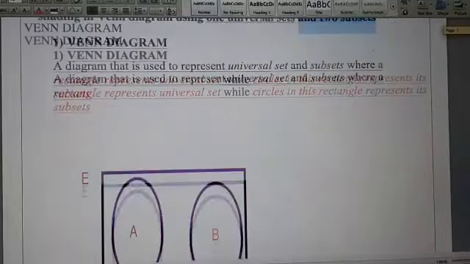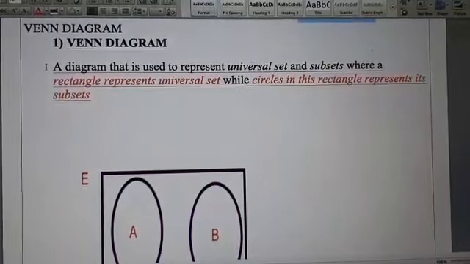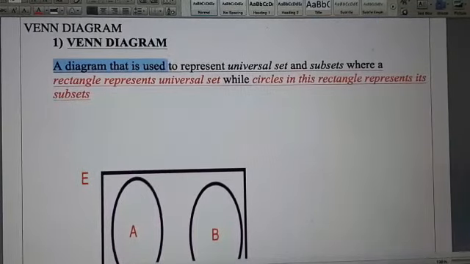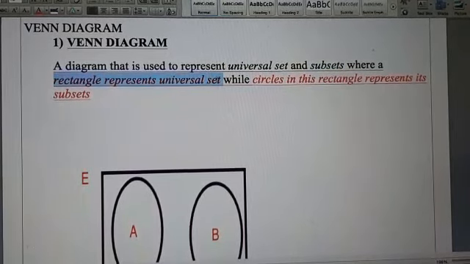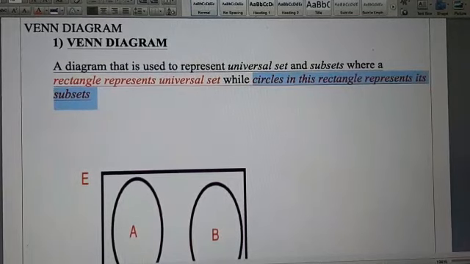Now the concept of the Venn diagram was given by John Venn. A Venn diagram is a diagram that is used to represent a universal set and subsets, where a rectangle represents the universal set, while circles in this rectangle represent its subsets.